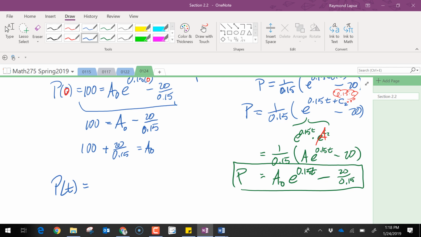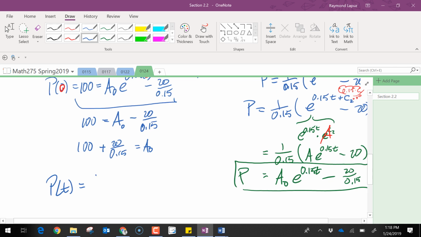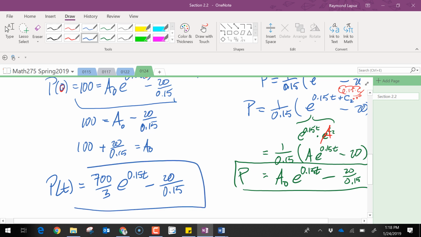The whole thing? 700? Probably could have written the other side a little bit easier, nicer too, but this is it.